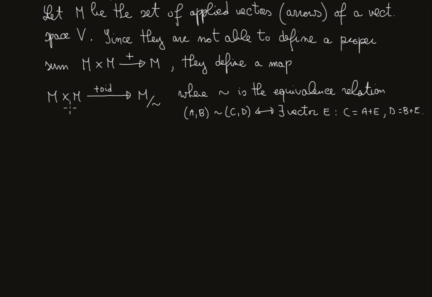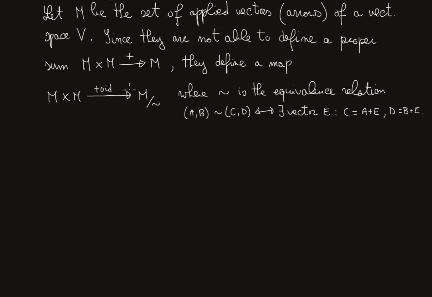So they say the sum we are getting here, if we commute the summands, is not commutative, but it becomes commutative once I project down this definition that I've given of a fake sum down to M modulo this equivalence relation.